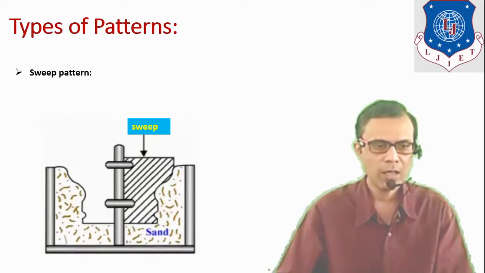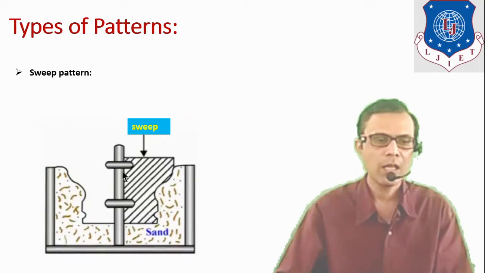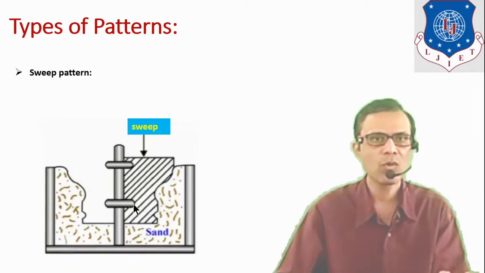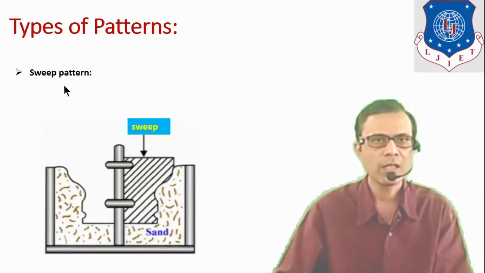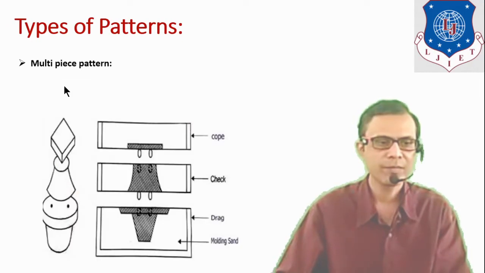So when sweep is rotated about this vertical spindle, exactly similar cavity can be cut on the other part of the shape. So completely mold cavity can be produced. So this type of pattern is known as a sweep pattern.